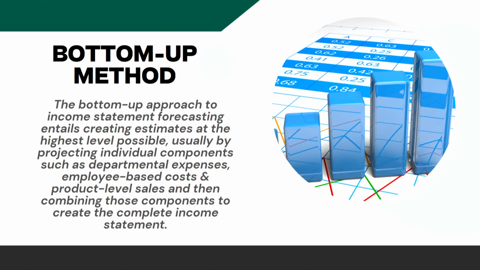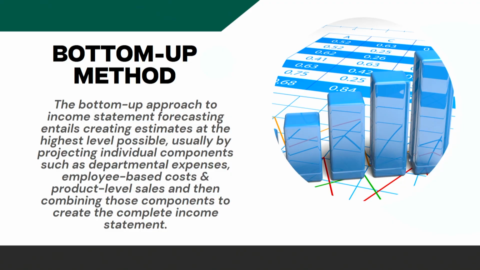We finally predict the sales activities or the quantum and magnitude of sales that is expected to be generated, and in this way the bottom up approach operates while talking about the projection of income statement.